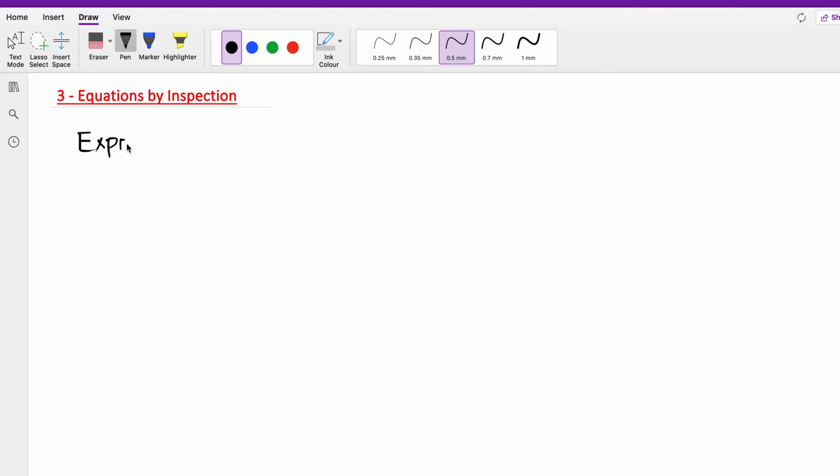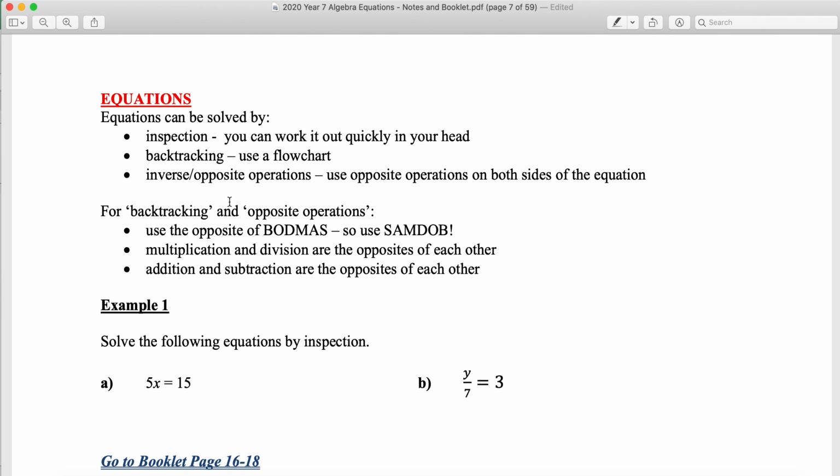I have an expression that is equal, and that's the important part, that it has that equal sign, to another expression. That's an equation.